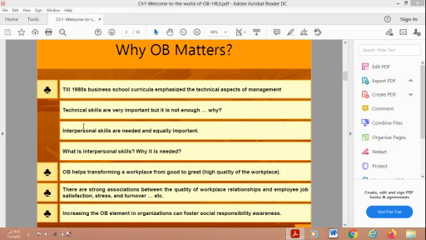Also, the interpersonal skills are needed to communicate with different people, whether inside or outside the organizations, in order to attain the organizational goals. The interpersonal skills should be improved from time to time.